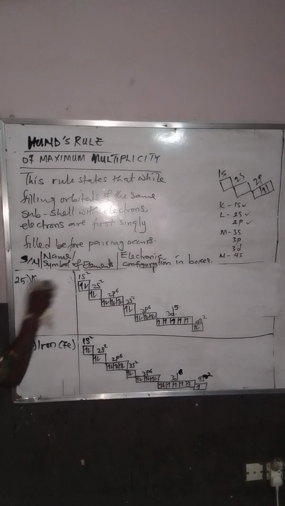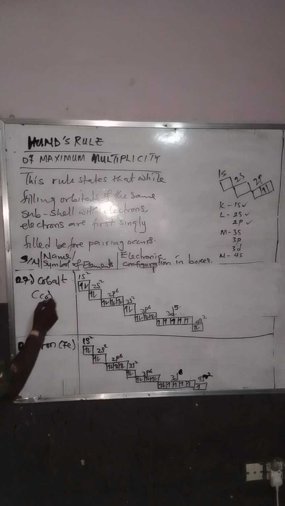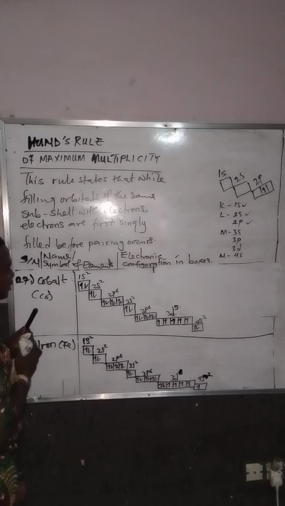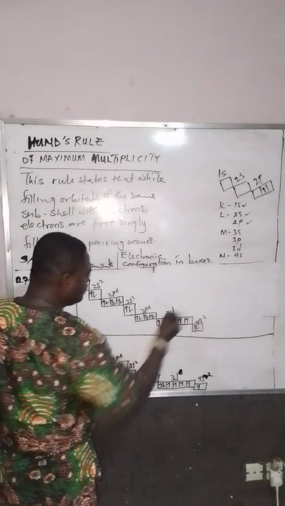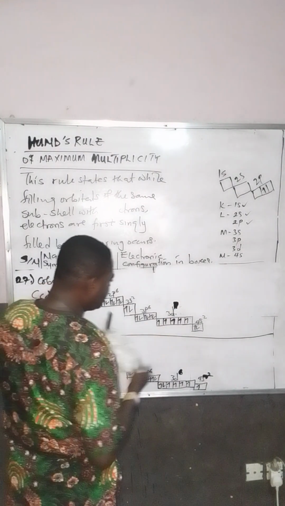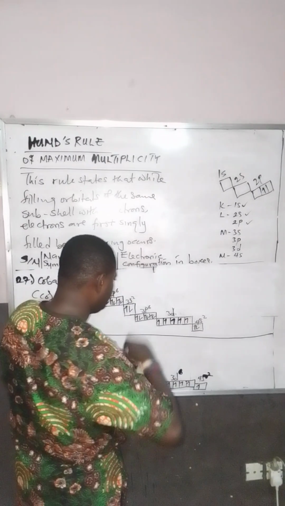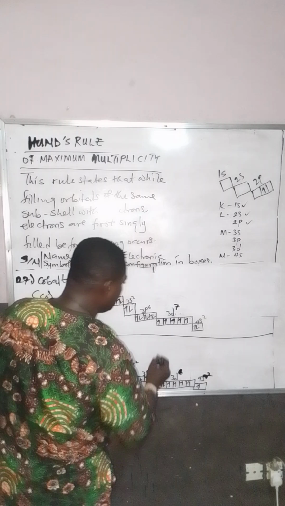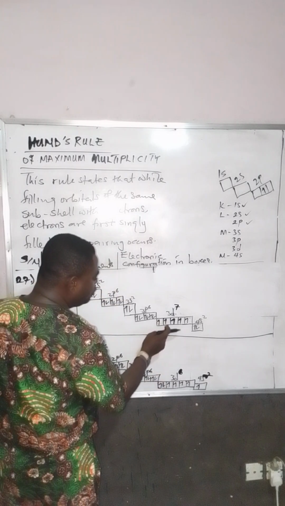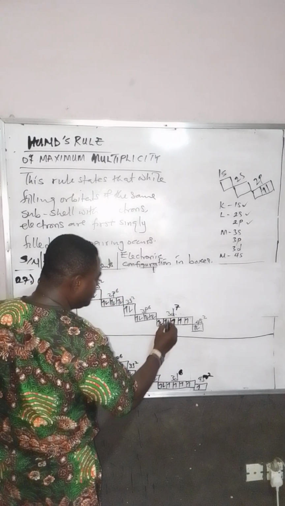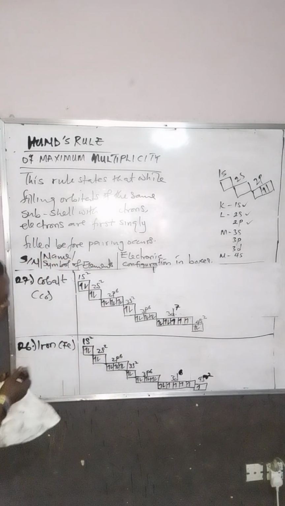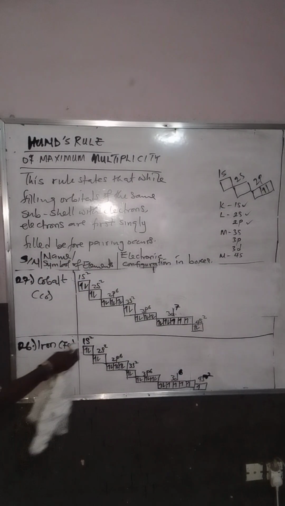Then number 27 is cobalt, Co. So it's just to put 7 here, 3d7. If it is going to be 7, fill singly 1, 2, 3, 4, 5, then 6, 7 before pairing occurs.